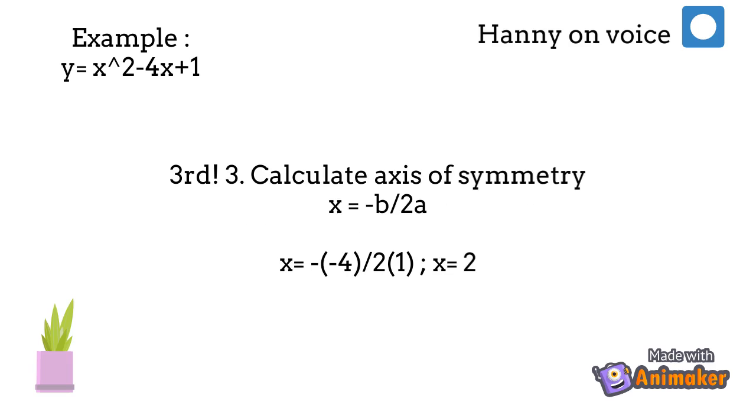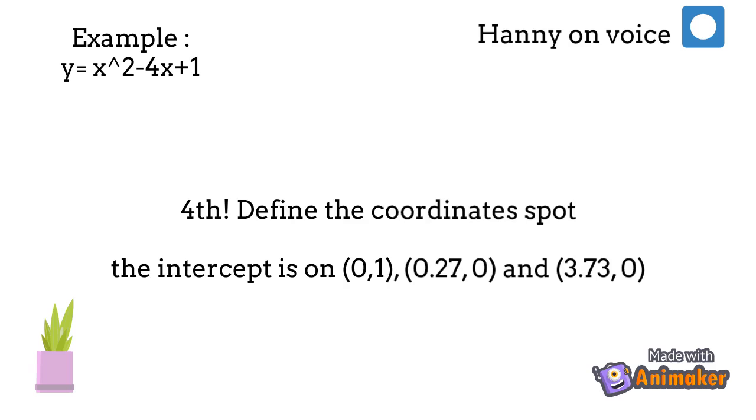And then after that, we move to the third step. We need to calculate the axis of symmetry using the formula x equals -b divided by 2a. We input the values of a and b, and we get that x equals 2. Now we are going to move to the fourth step, which is to define the coordinate spots.